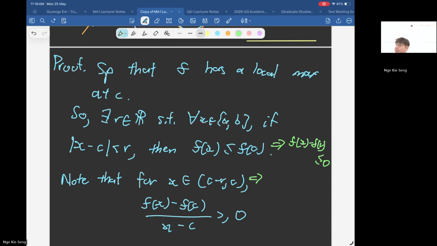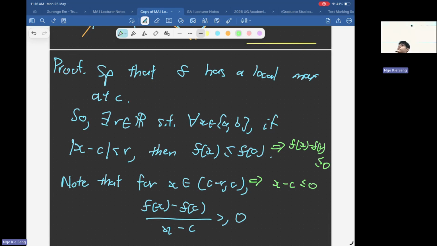But then x minus c should be less than or equal to 0. So you divide something less than or equal to 0 by something less than or equal to 0, and the inequality inverts. Can the denominator equal 0? No, it's not possible, but I can still write it that way, because this is an all statement. My analysis teacher told me you can write less than or equal to even if equality is not attained, and it is still true.